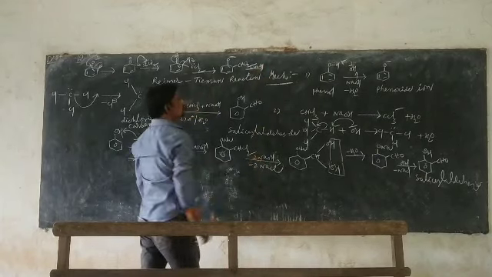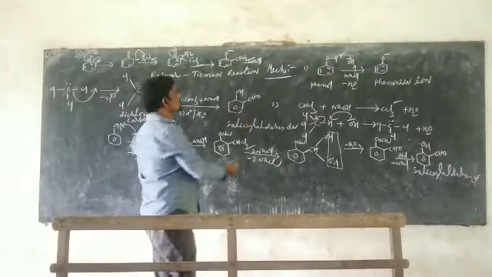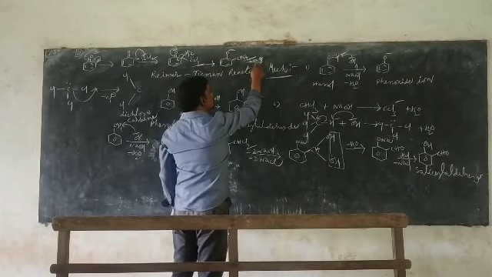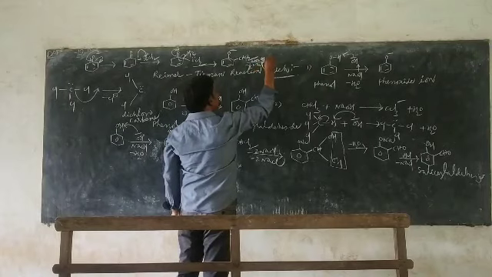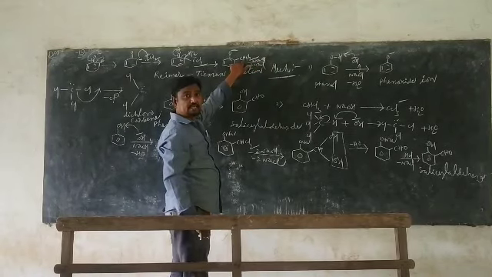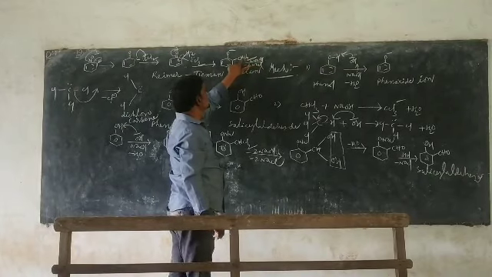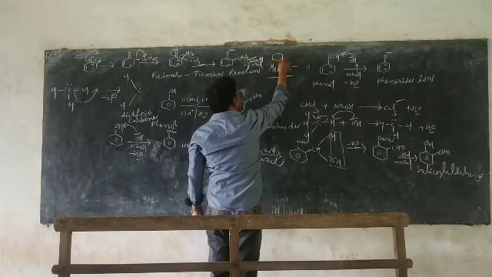In the next form, with CHCl2, it is treated with two molecules of NaOH. 2NaCl is eliminated, and at the same time two hydroxyl groups are connected here.